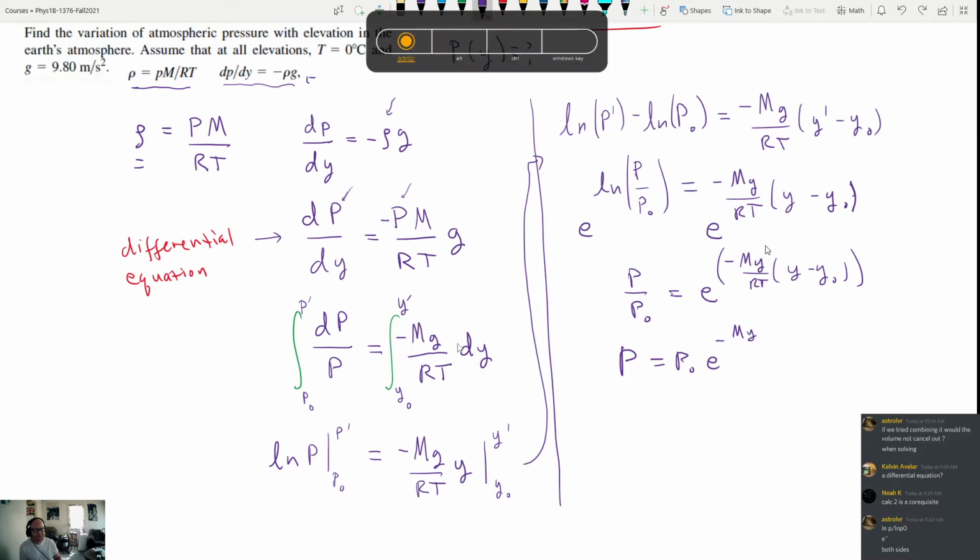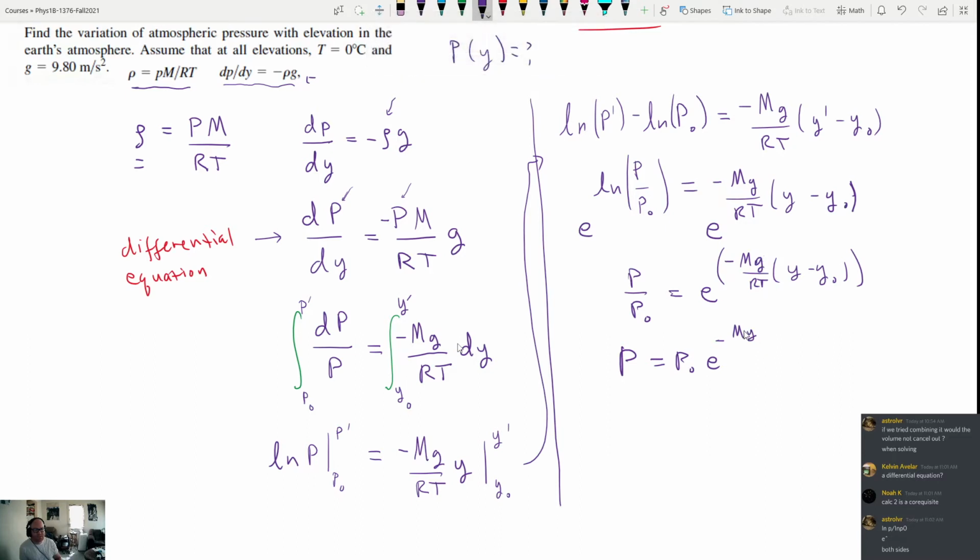That's a g. mg over RT times y minus y initial. And there we go. It's not incredibly pretty, but this is the pressure as a function of height above the Earth's surface.